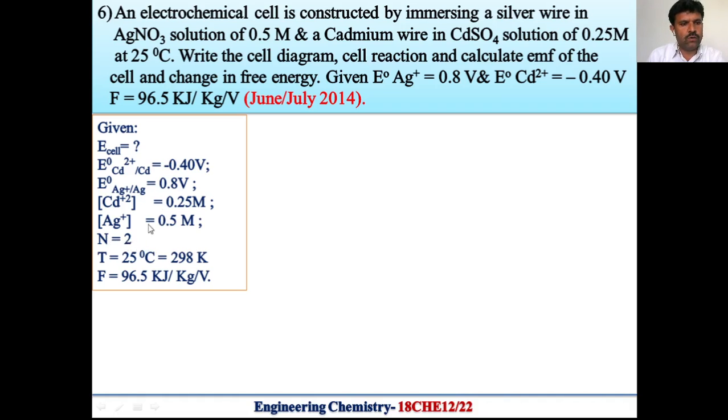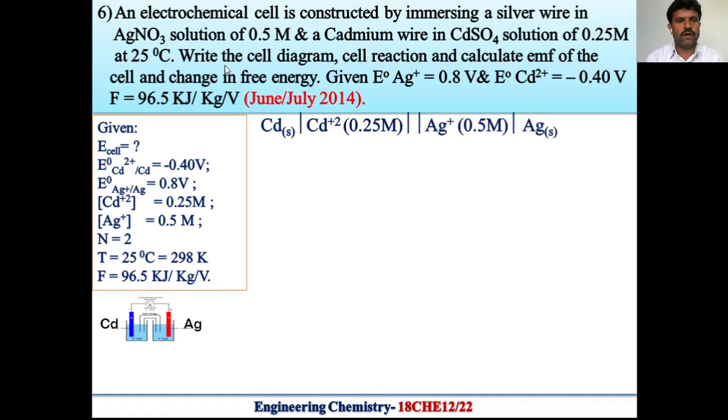The value of n is 2 because 2 moles of electrons are involved in the reaction. The temperature is mentioned as 25 degrees Celsius, so we can convert it into Kelvin by adding 273, and it becomes 298 Kelvin. Faraday's constant value is 96.5 kilojoules per volt.